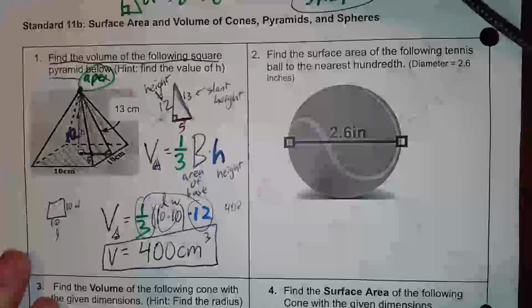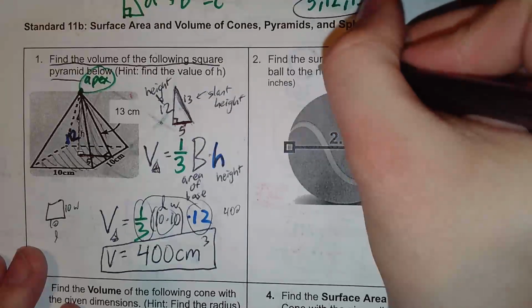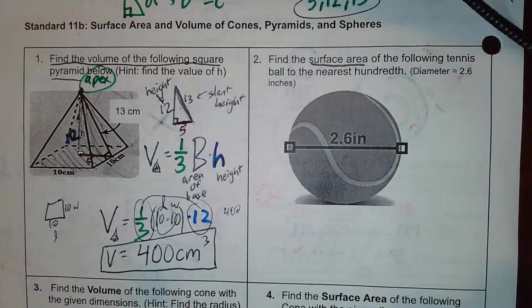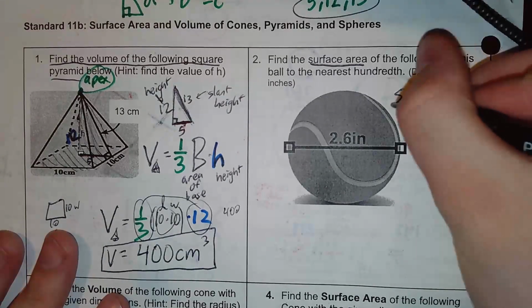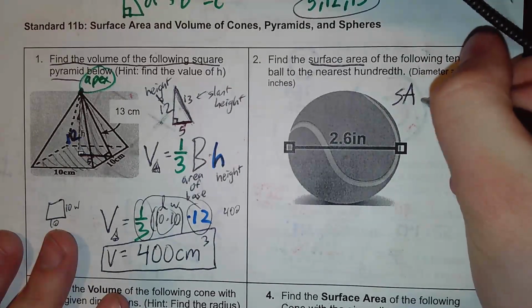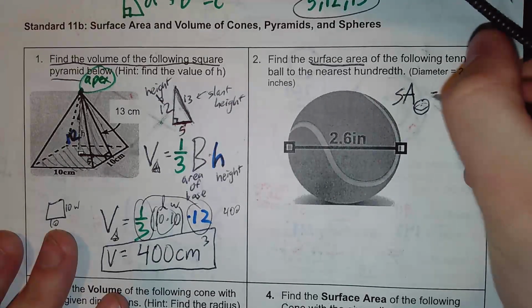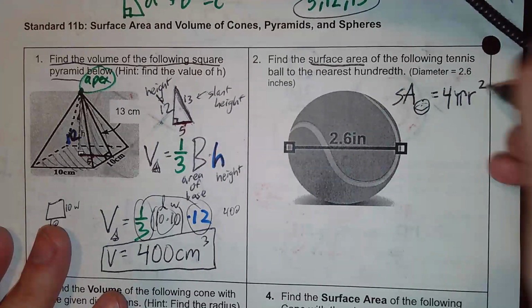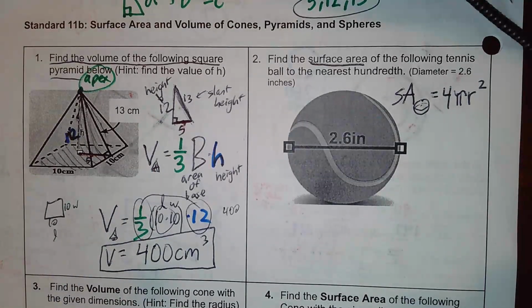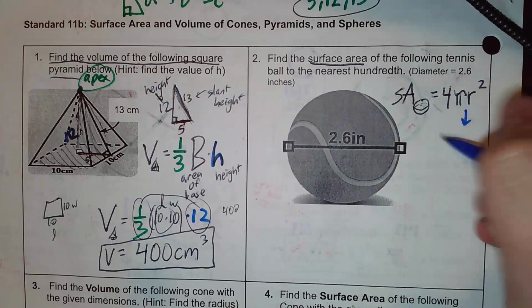Okay, next step is number 2. Find the surface area of the following tennis ball to the nearest hundredth. For the surface area, it's going to be using a formula for spheres. Surface area formula is 4 pi r squared, where r is going to be the only factor we need.